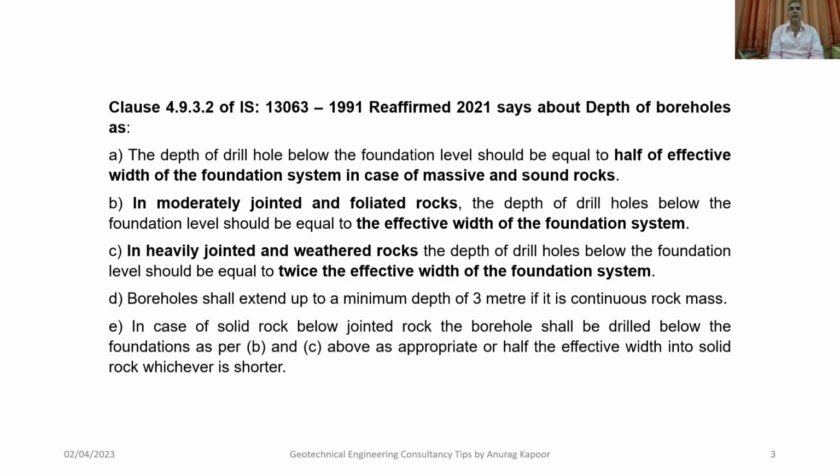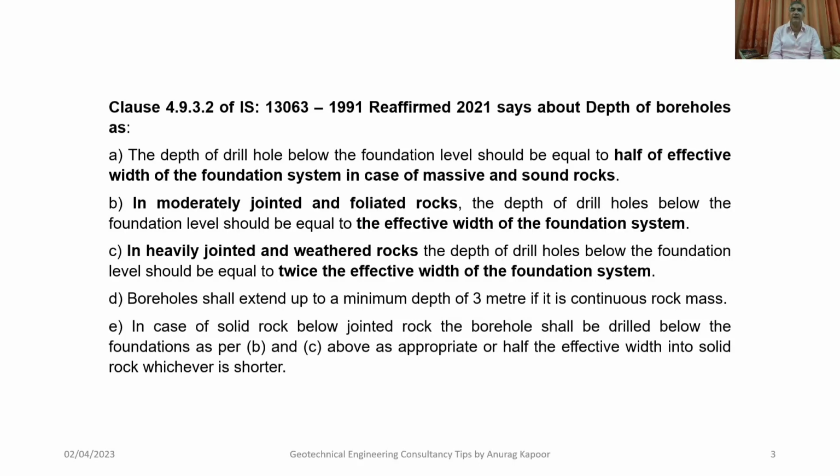As per clause 4.9.3.2 of this code, about the depth of boreholes, the depth of drill hole below the foundation level should be equal to half of the effective width of the foundation system in case of massive and sound rocks. If it is moderately jointed and foliated rocks, the depth of the borehole should be at least equal to the effective width of the foundation system below the proposed foundation level.